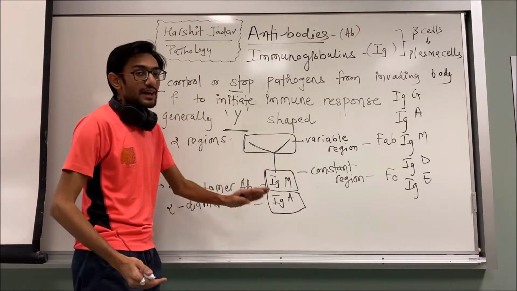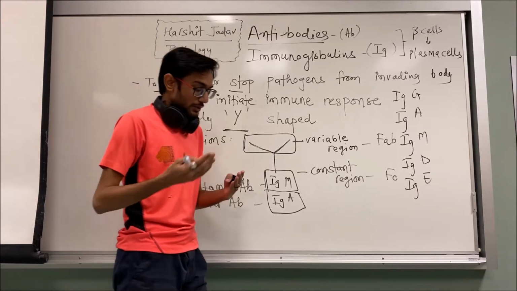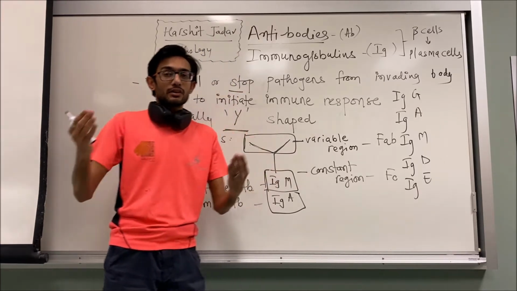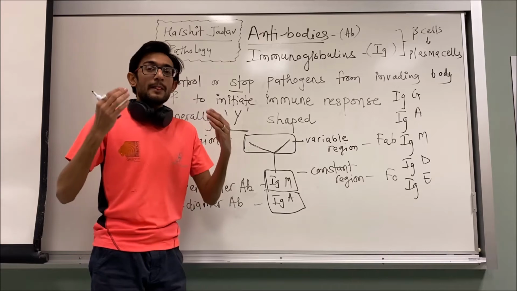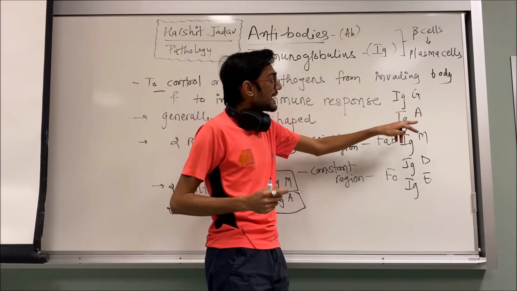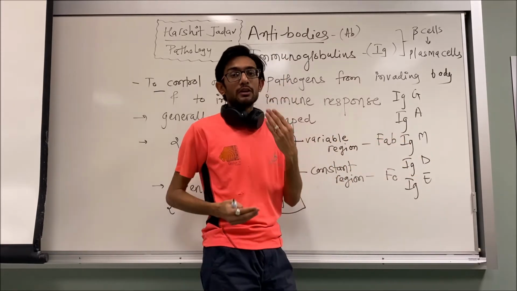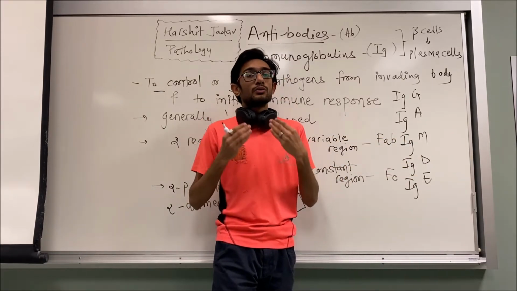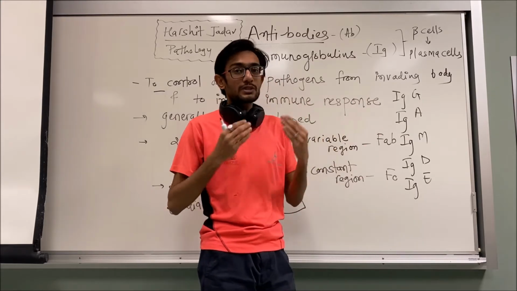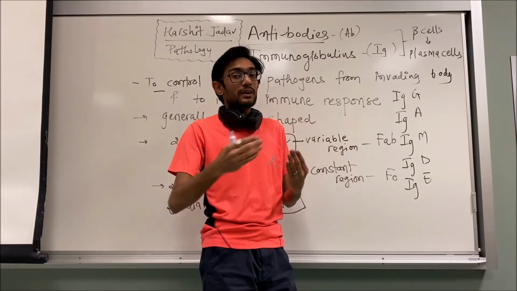So IgA is an example of a dimer antibody. So the question comes, what are the different types of antibodies? In our body there are a total of 5 types of antibody: IgG, IgA, IgM, IgD and IgE. One by one we will look into all of these antibodies, how they are produced, in what situation they are produced and what kind of action they perform.